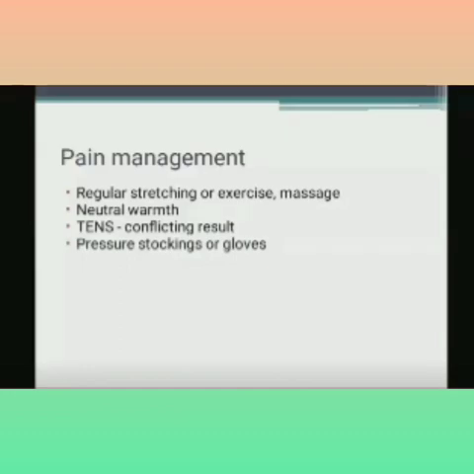That's why it may cause pain in the whole leg. For that, you can use pressure stockings and gloves, so that there is a constant good venous return and the blood circulation will be eased.